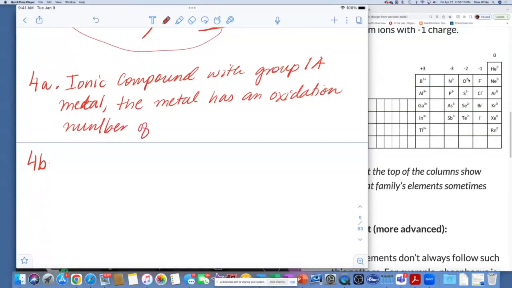Okay. Let me write this better. I can do better. Number of 1. So what I mean by that is, say you're given KCl, sodium oxide, what else?